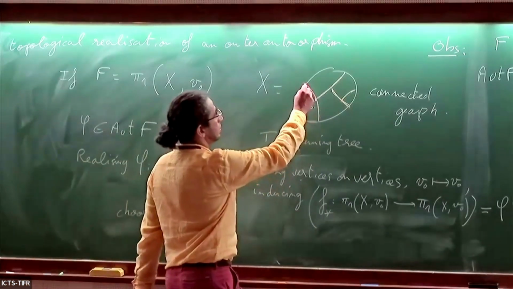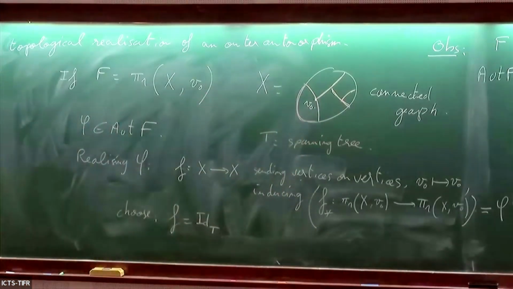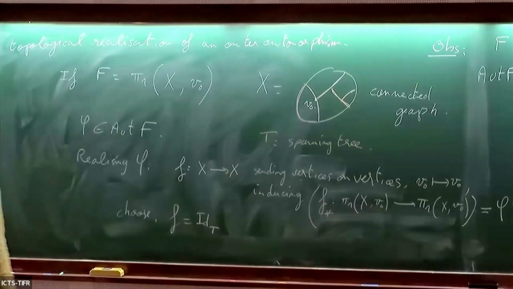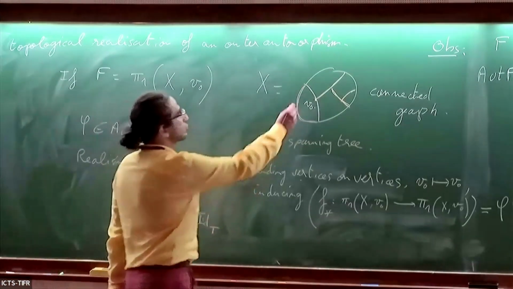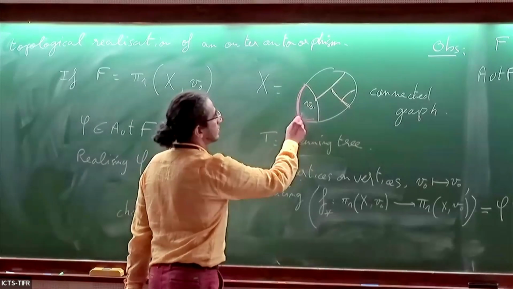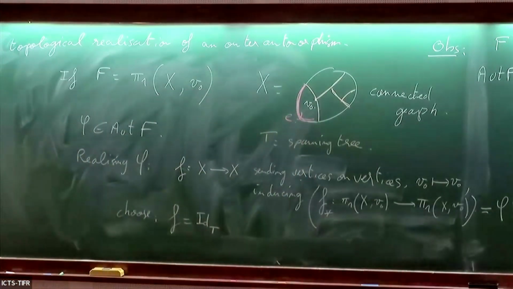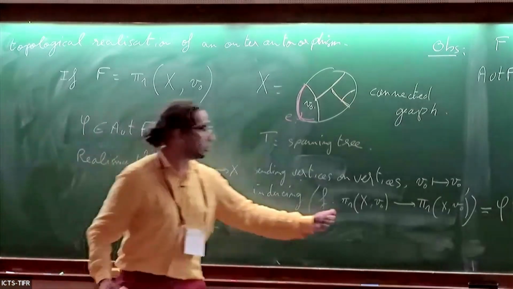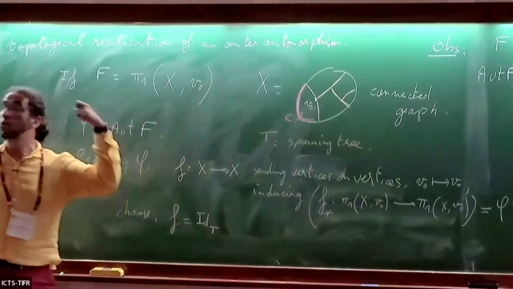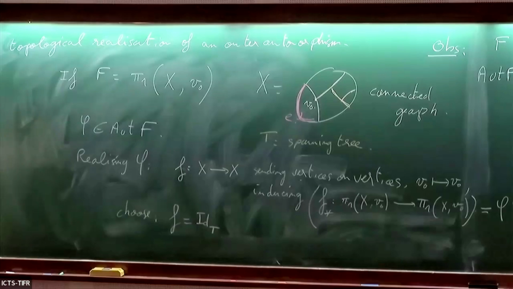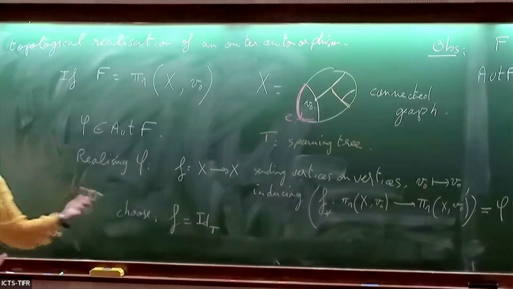So send the edges where they should go. Where they should go, it means that this edge E corresponds to a letter, an element of a basis of the group. I know where it should go by the automorphism. It goes to a word of letters of my alphabet.